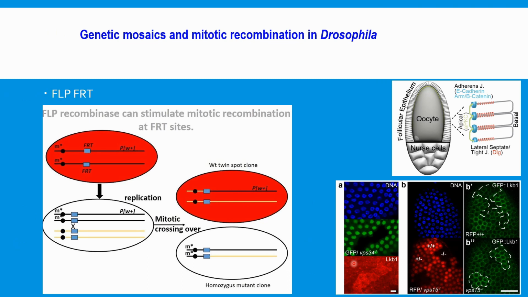So the use of X-rays to make these random breakpoints was how this technique started, but it has been improved over time. And again, the fly has borrowed techniques from yeast here. So yeast has a recombinase called FLP that recognizes FLP recognition target sequences, FRT sites.